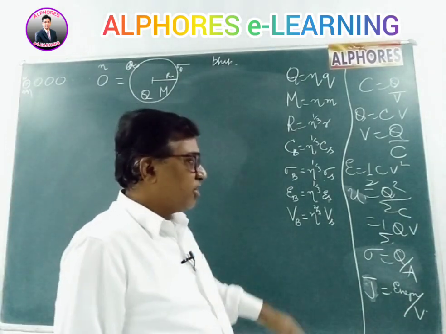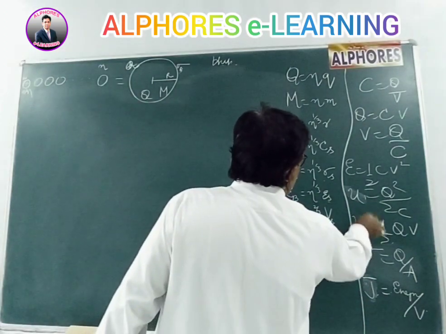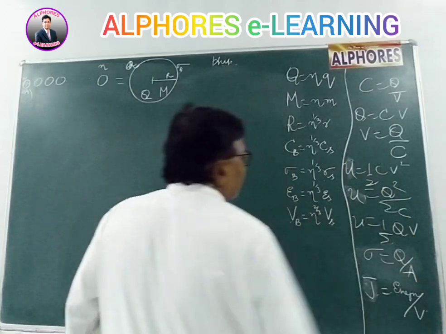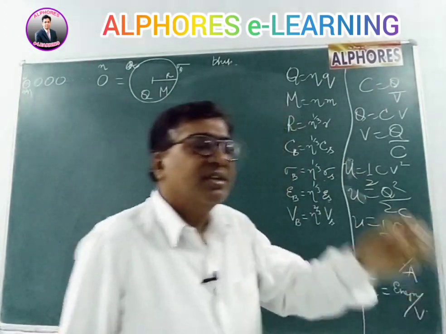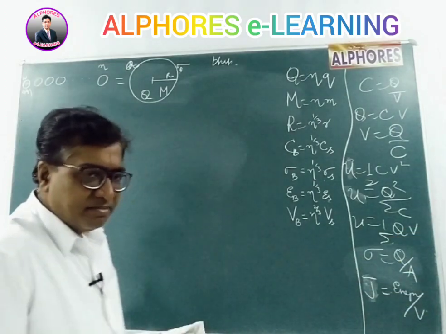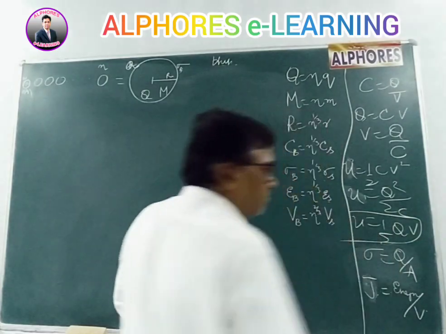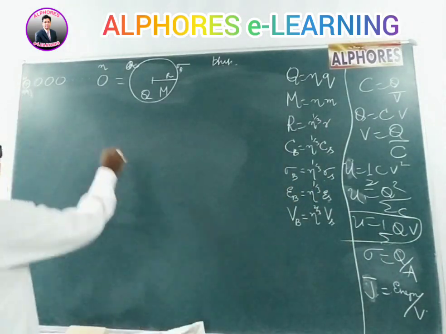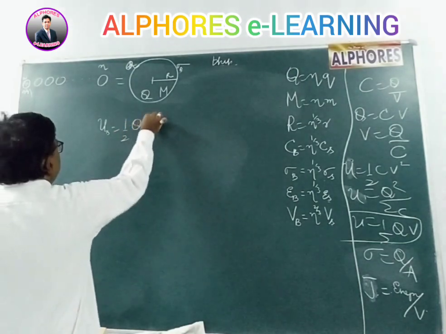Right, next let us talk about the energy of the liquid drop. To find the energy, I can use this formula or this, either of these you can use. Whichever one you use, you will get the same answer. For simple calculation, let me use this. The energy of the bigger drop, U big, is half Q big times V big.